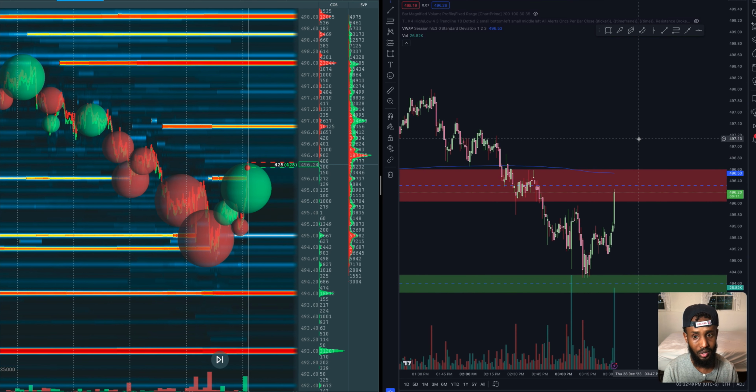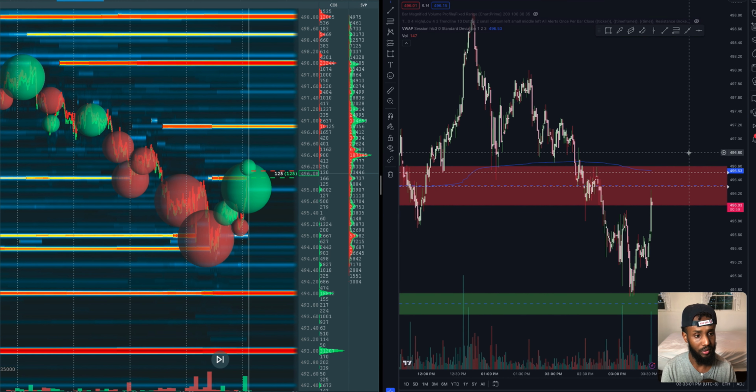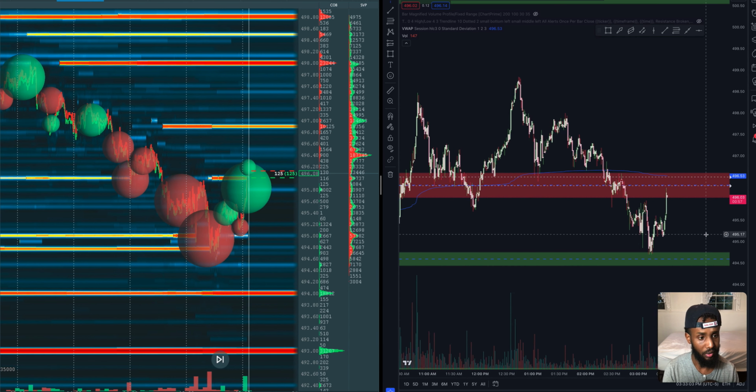I'm going to wait till we come close to VWAP, at least above here. And if we touch VWAP, that's going to be just better for us.